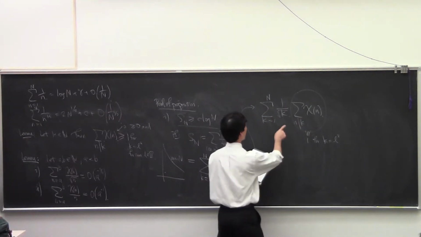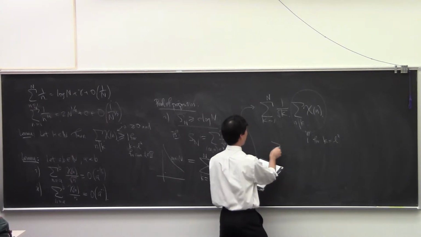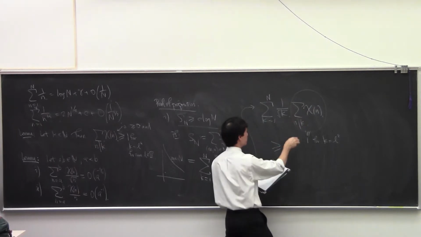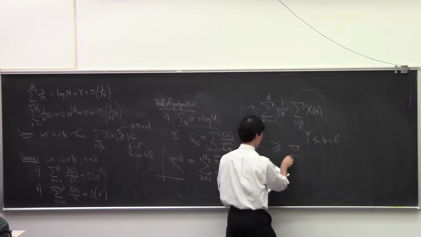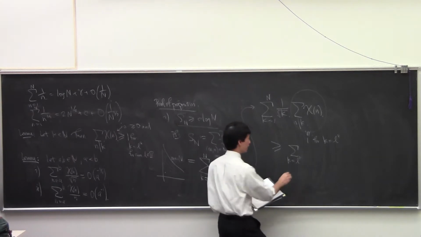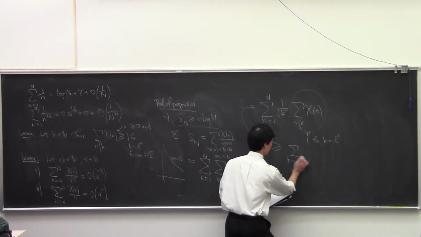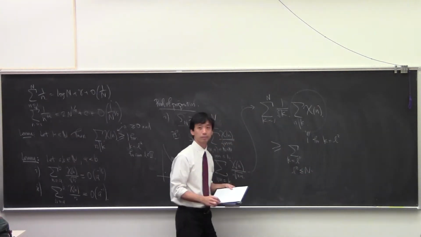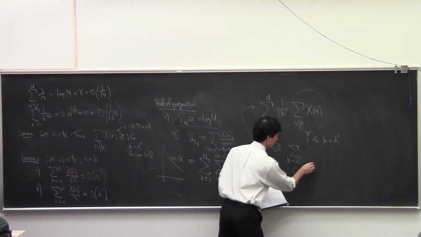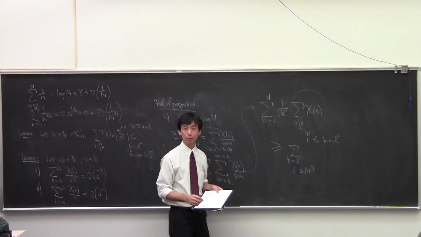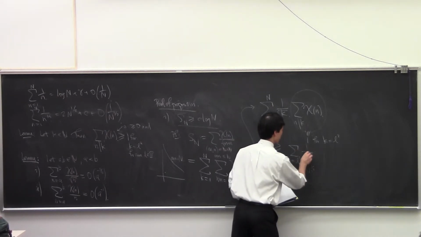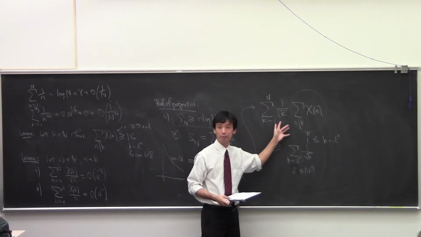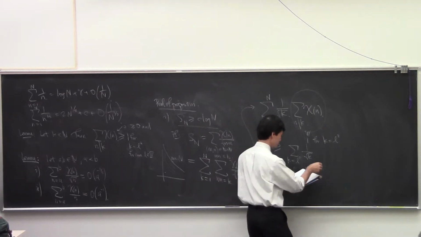So we can bound this thing from below by just replacing these by 1s whenever k is L squared, and that L squared has to be less than n. Or L has to be less than the square root of n. Okay. Good.